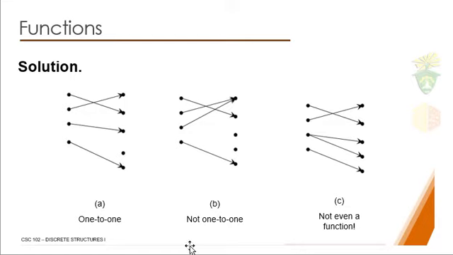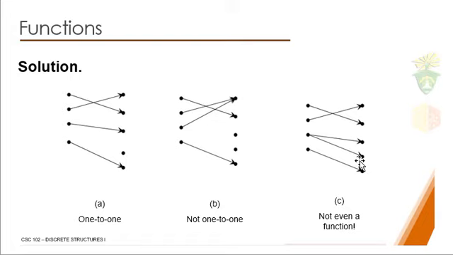Okay, so for item number 3 or letter C, dili siya maconsider nga function. Kay ang third or middle element sa atong domain is connected to two different elements sa codomain. So, bawal man ni siya. Though this is a relation, okay ni siya if we talk about relation.